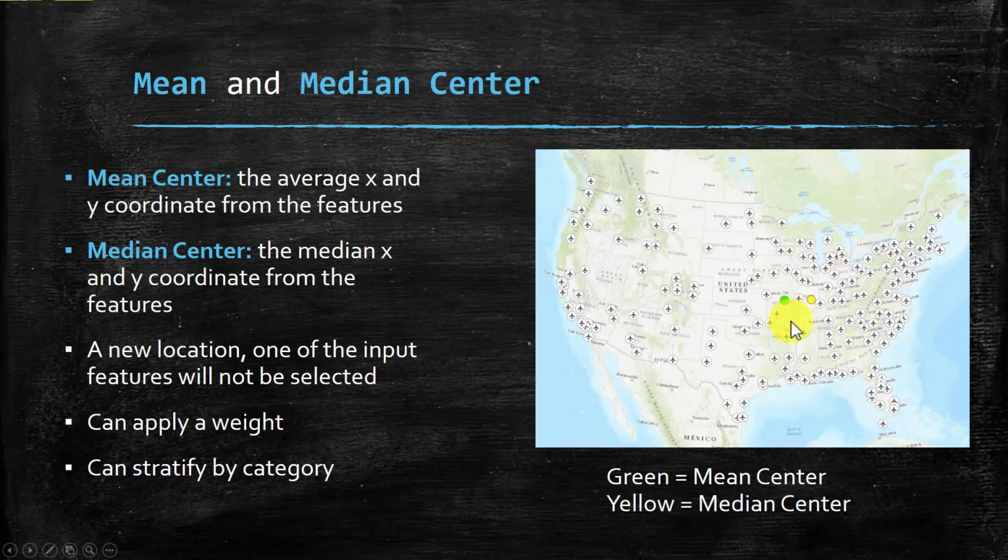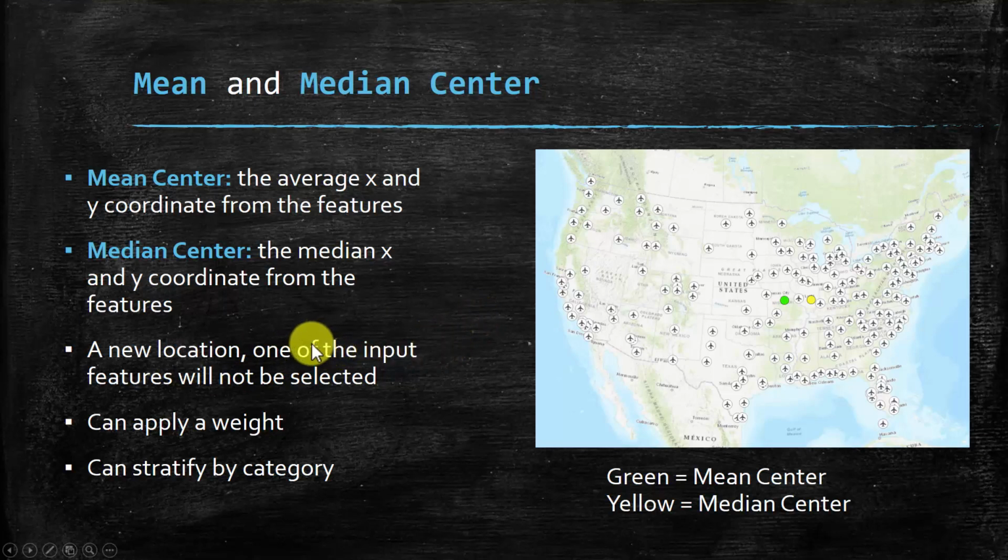As you can see here, the mean and median center is shown in green and yellow. So green is mean center and yellow is median center. They don't actually land on one of the airports. So again, a new location is generally selected as opposed to one of the input features.